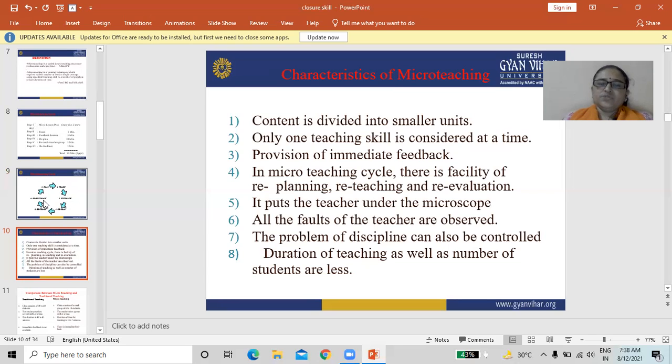It puts the teacher under the microscope because when pupil teacher is doing the practice on a particular skill, expert teacher watches his activity according to pupil teacher execution of the skill, and expert teacher gives immediate feedback to the student.